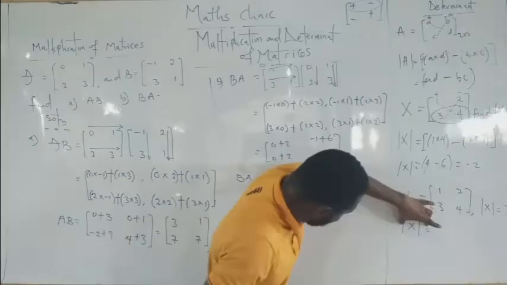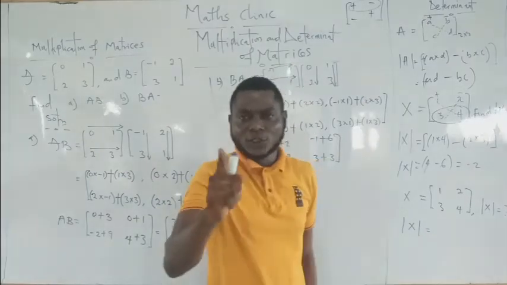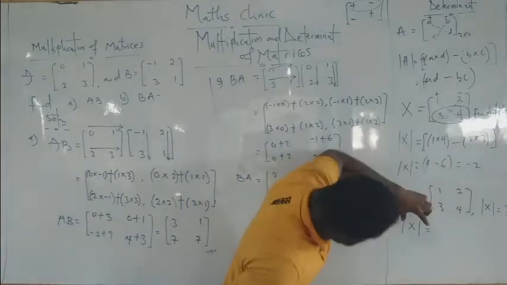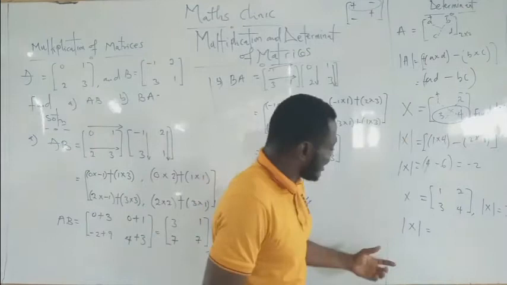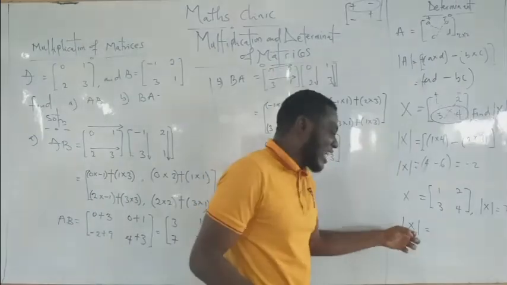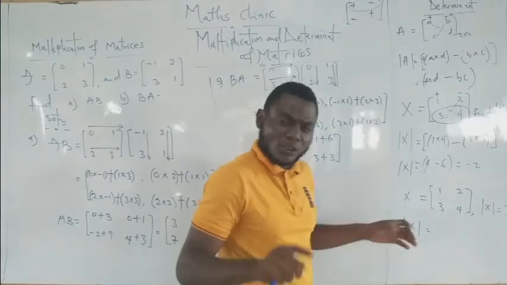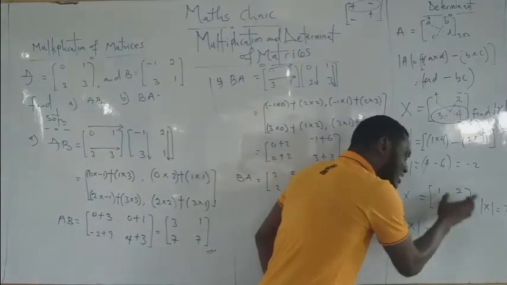Once you write the determinant, you must not repeat this. That is the rule. Once you write it, it must not be repeated, because you've written the determinant already. This will not be written again.